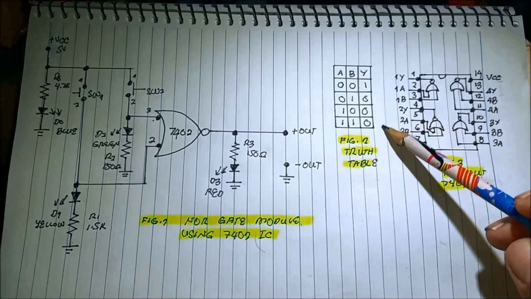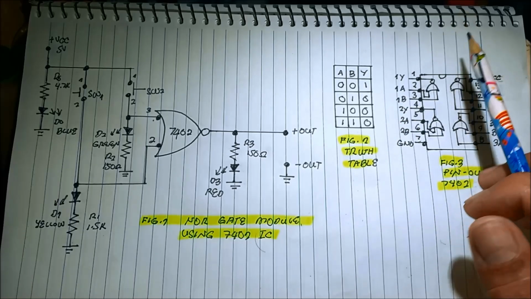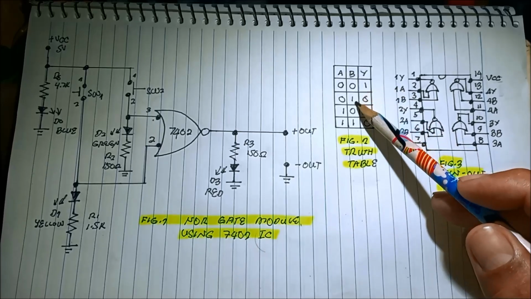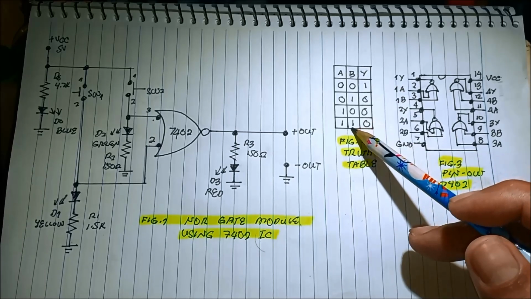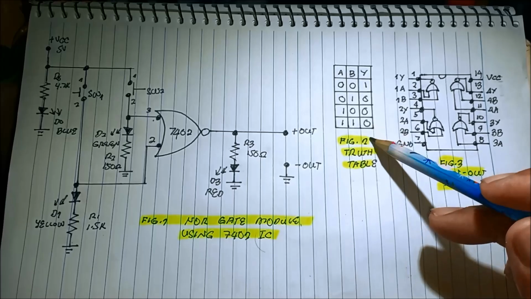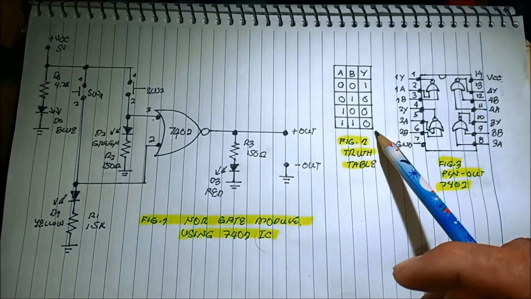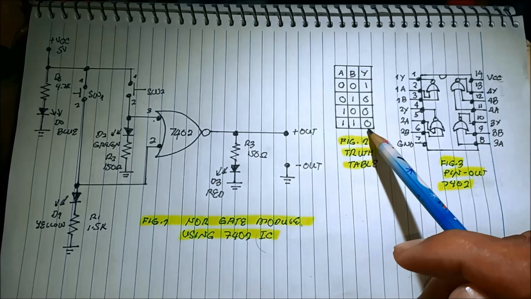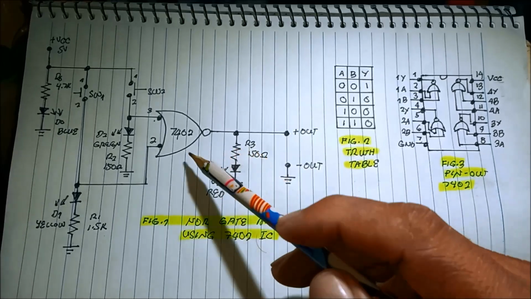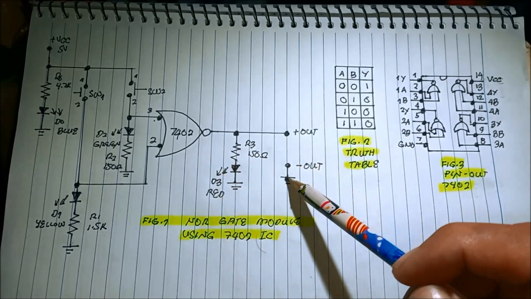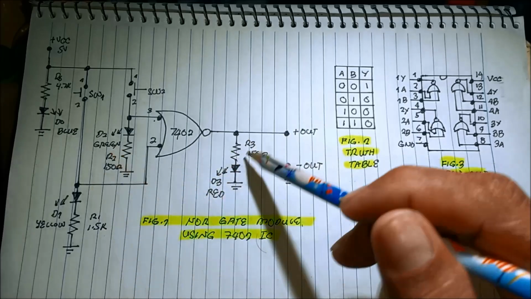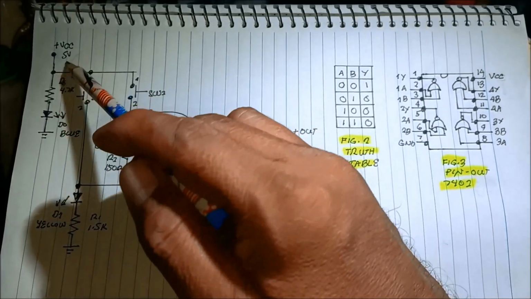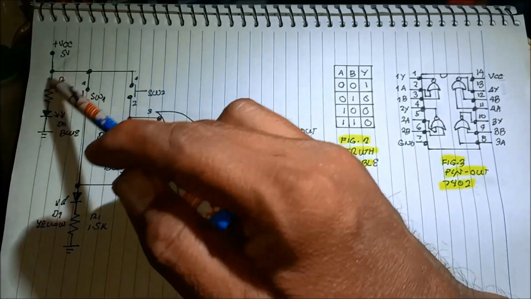And we are using the truth table. We need this truth table. What is the use of this truth table? Just to know the condition of our circuit. So we have here a 5 volt supply with the blue power LED.